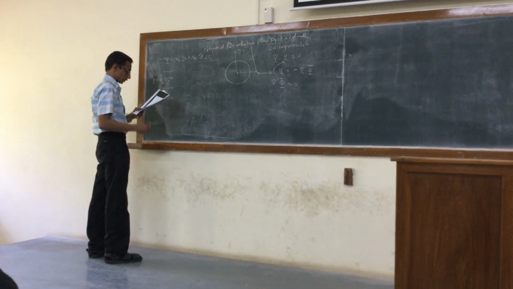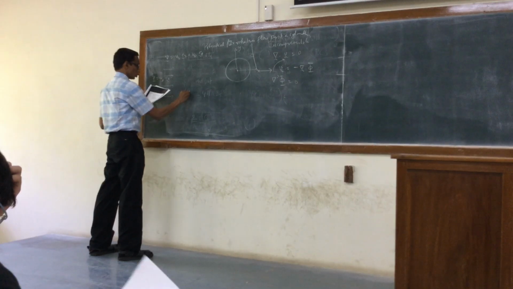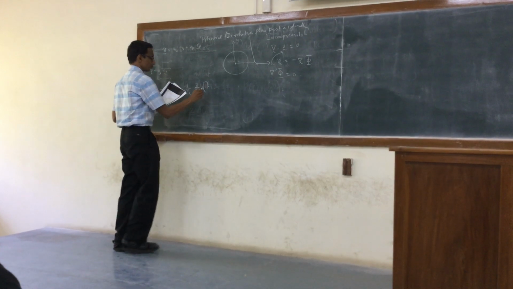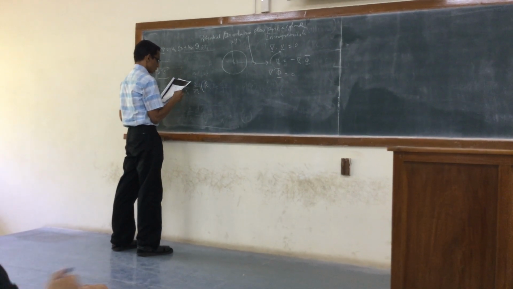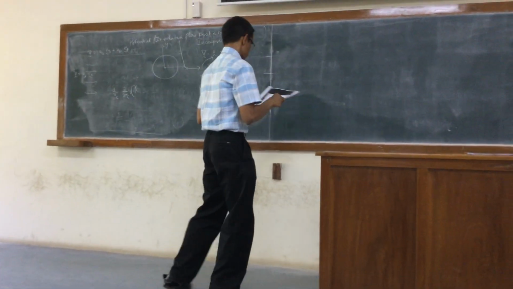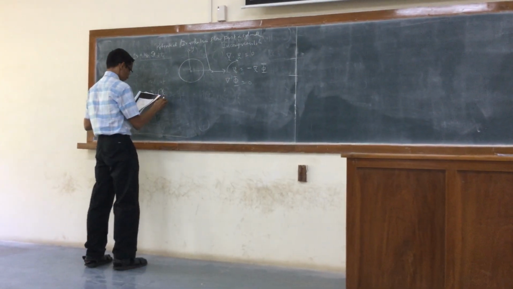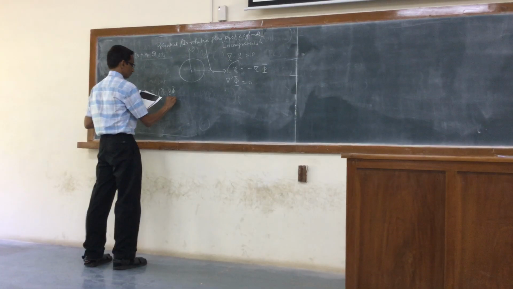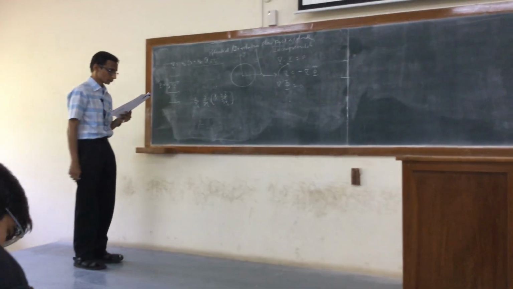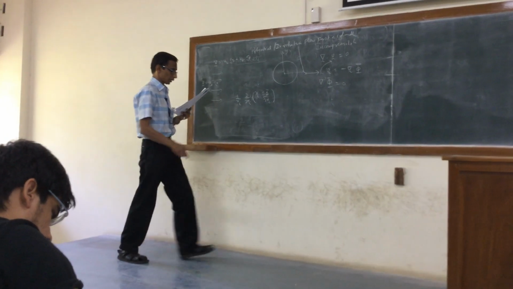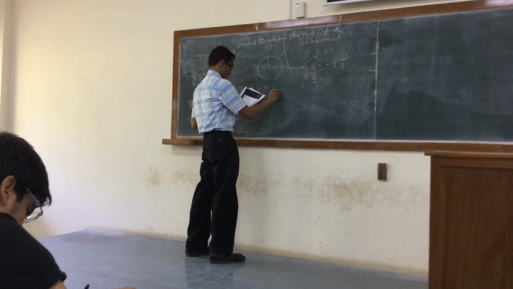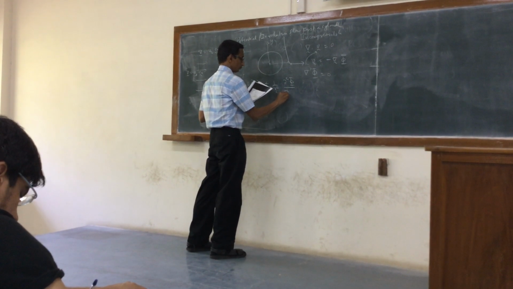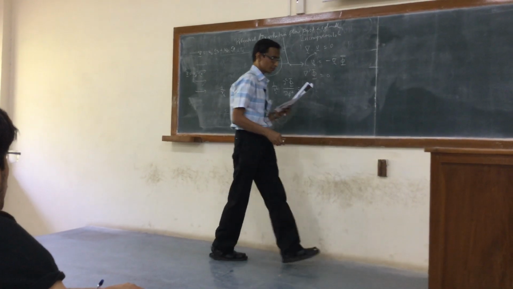In these two dimensions, the Laplacian would be 1 over rc d by d rc of rc d phi by d rc, plus 1 over rc squared d squared phi by d phi squared, equals 0.